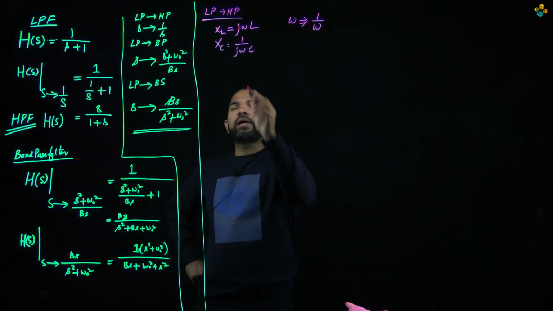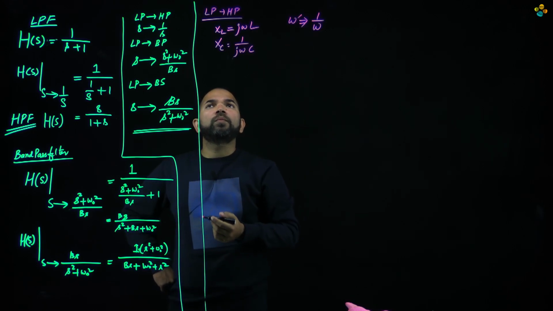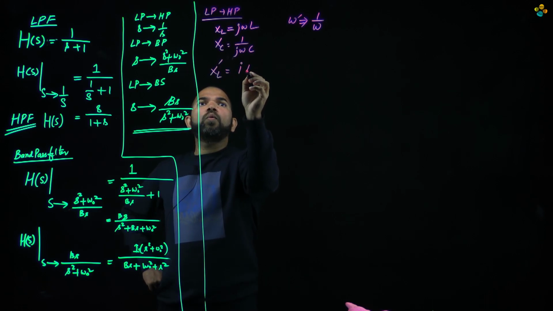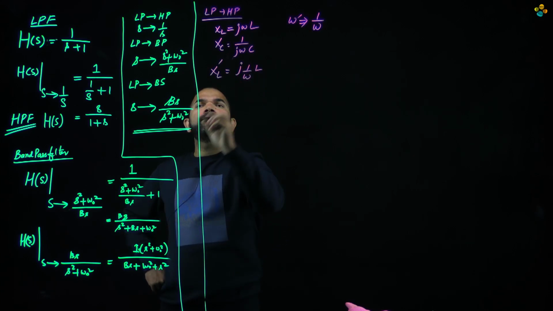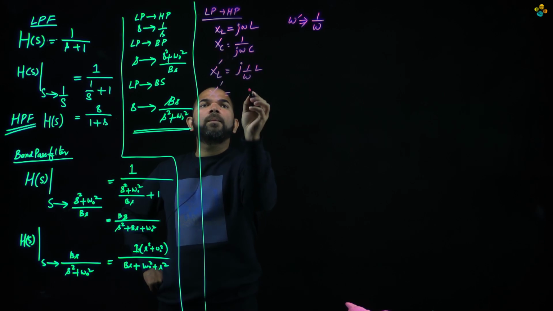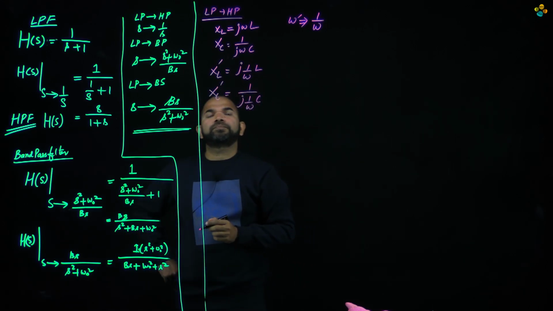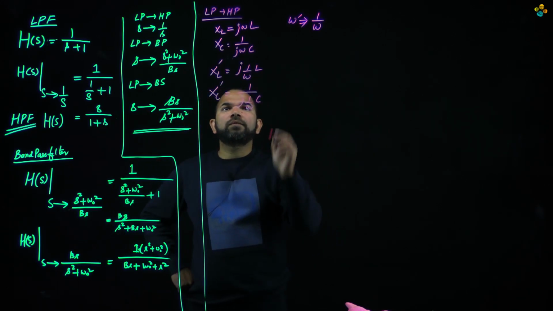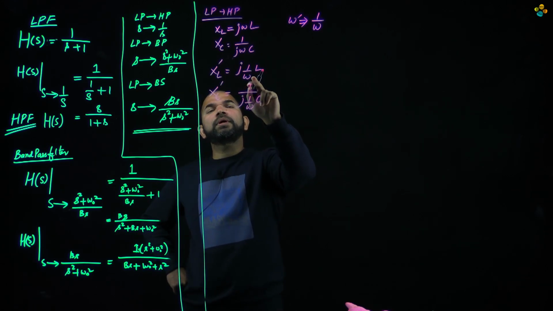So if we change omega to omega dash, 1 over omega, then XL dash is j times 1 over omega into L, and XC is going to come 1 over j times 1 over omega into C. So if you see this equation very carefully, the omega comes out to be in this form.